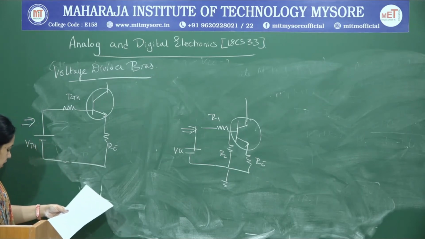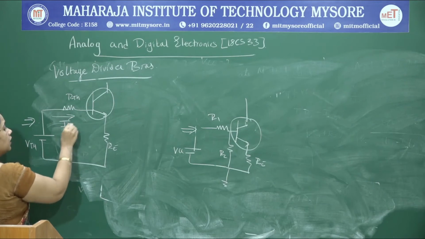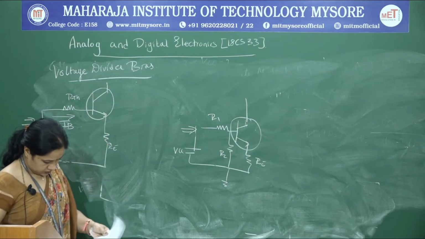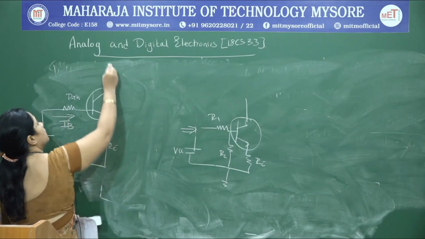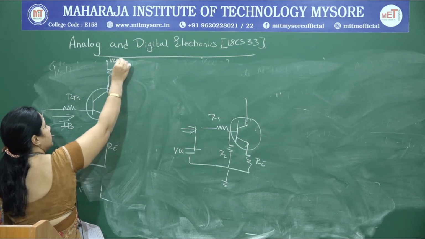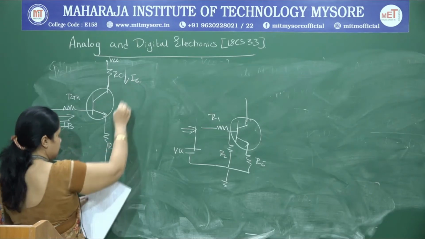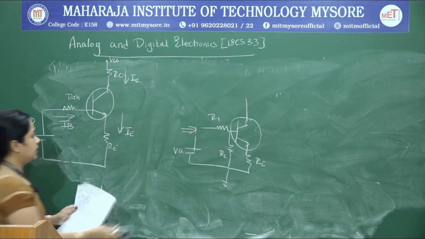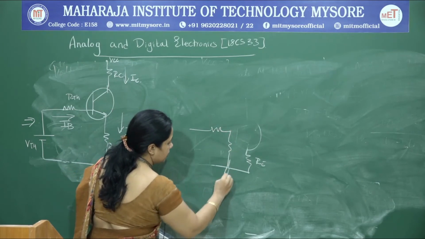So, you can see we have R Thevenin and the current which moves into the base, let me call it IB, and we have a resistance here, I will call it RC, and we have a voltage VCC, and whatever current is moving into the collector we call IC, and the same current moves into the emitter, which is IE. And this R Thevenin is what you can see. So, you can just try to see here.